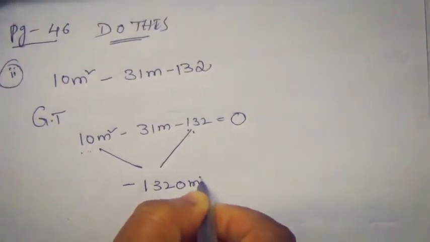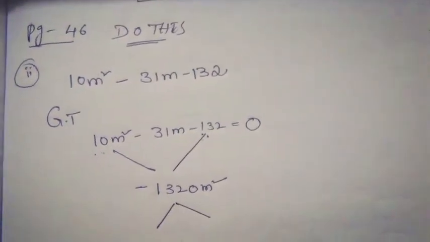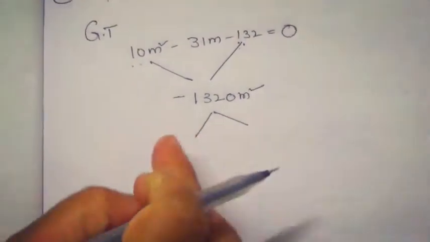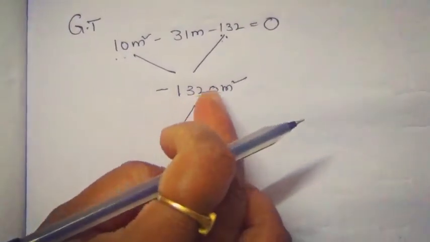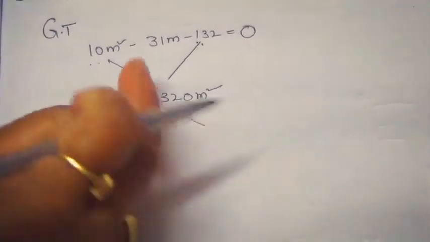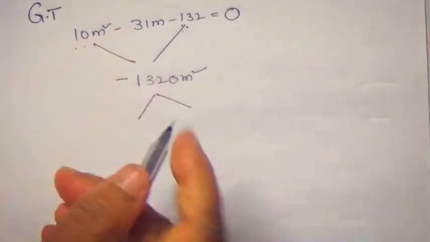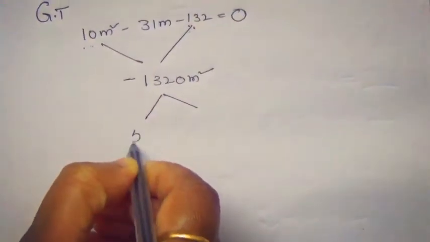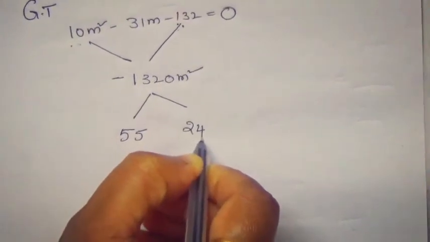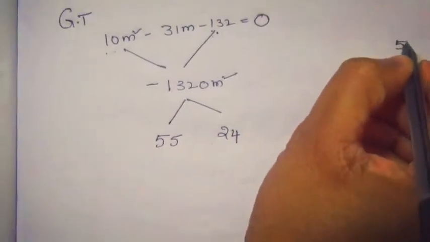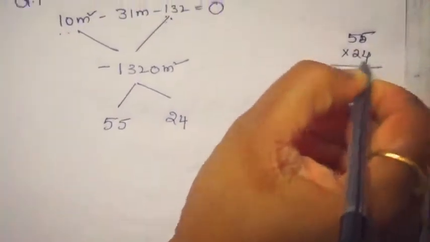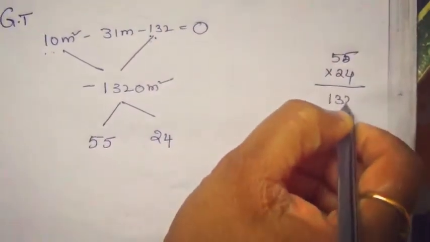1320 m square. Okay, the factors of this, 1320, we have to take, and the sum of these two numbers should give minus 31m. So for that I am taking 55 into 24, it gives 1320.